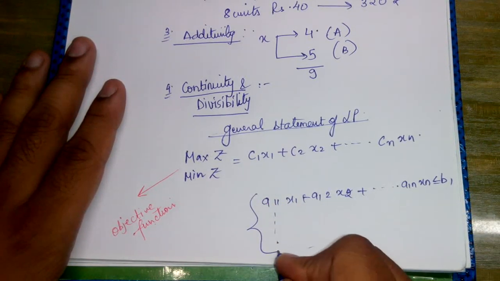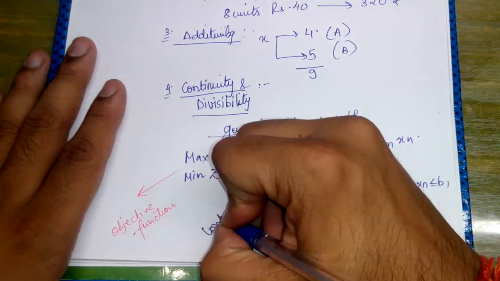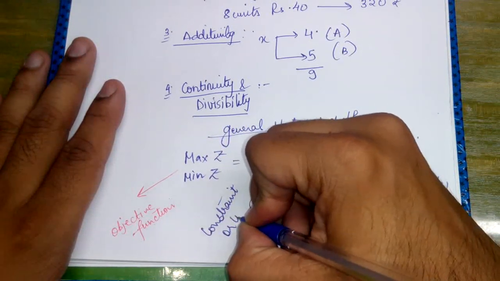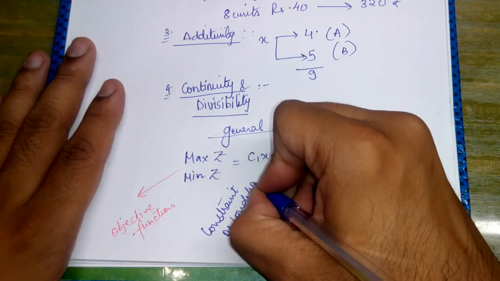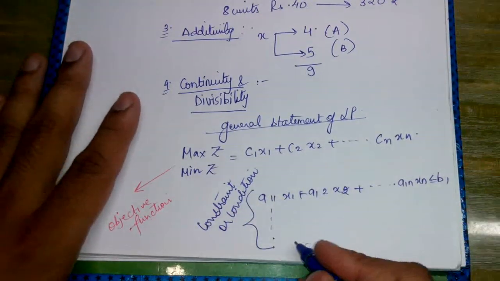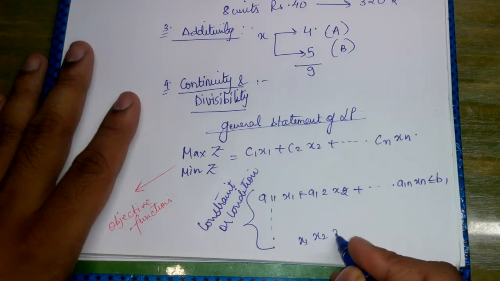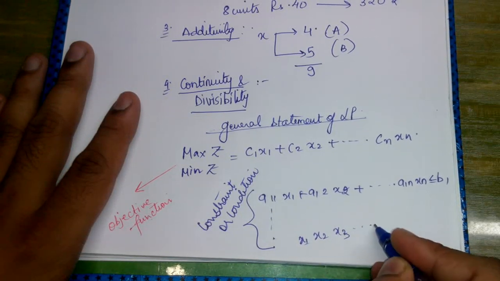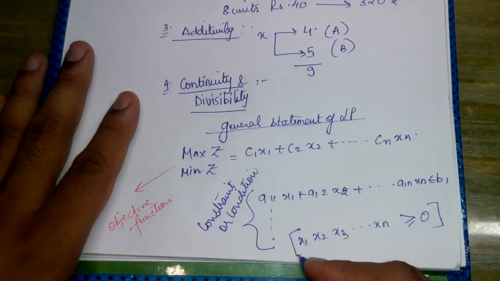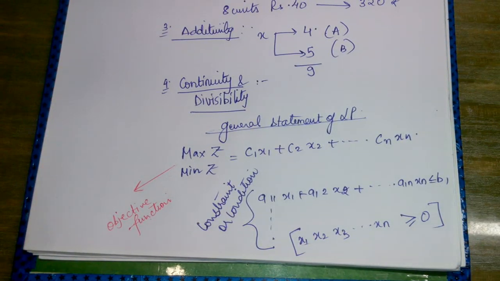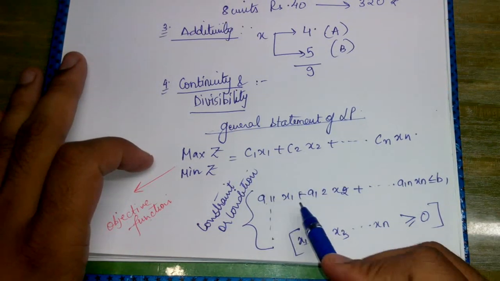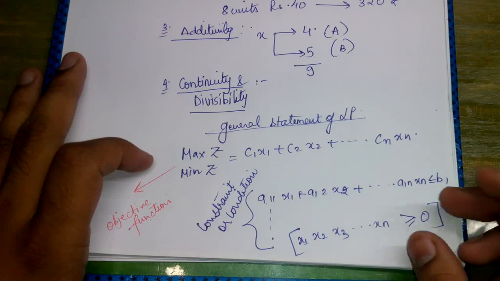Here they will be called the constraints or conditions, and the conditions, that is x1, x2, x3 and so on, are always greater than or equal to 0. They are never negative. They are always non-negative conditions, where a, b and c are the constants.